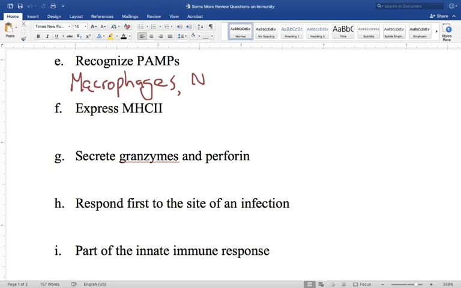So macrophages and neutrophils have on their surface PRRs, or the pattern recognition receptors, which allow them to recognize PAMPs. B cells, on the other hand, don't recognize patterns. They recognize a specific epitope. And again, that is a characteristic of all the cells that are involved in the adaptive immune response. They recognize very specific antigens or epitopes.